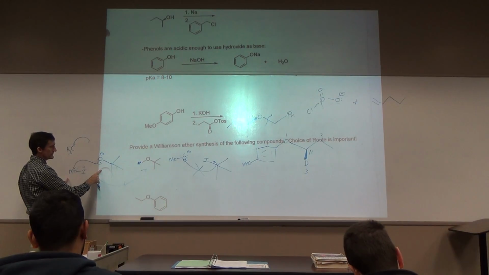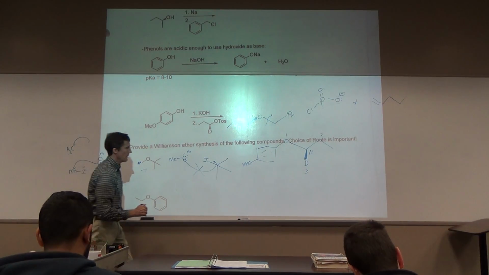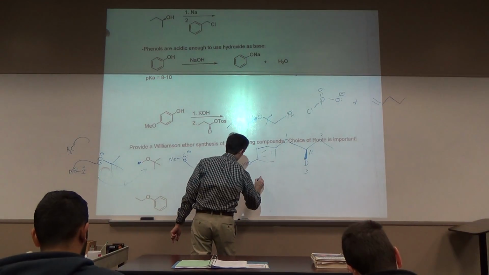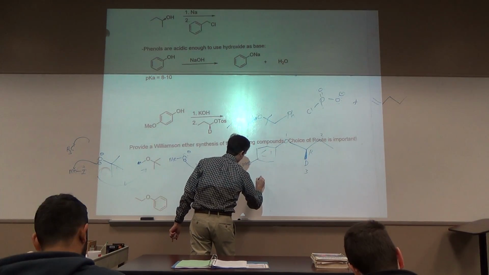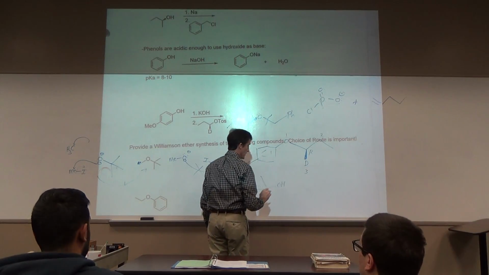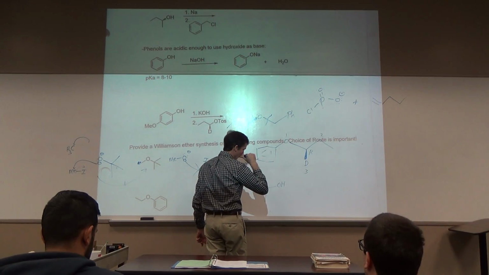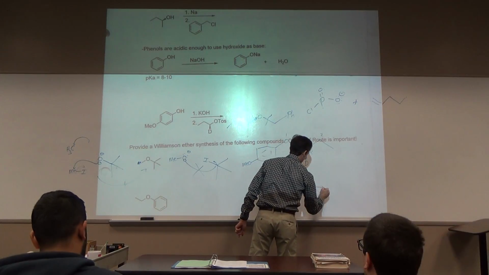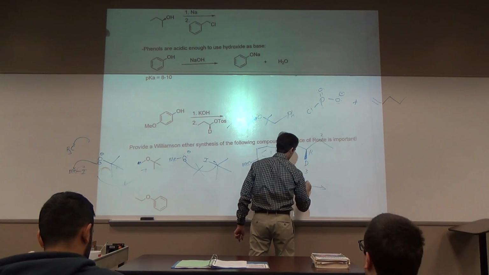But if we set it up in a nice synthesis, we sort of say, okay, I'm going to start with this alcohol, because you need to show how you generate your anion. I'm going to react this with maybe sodium.